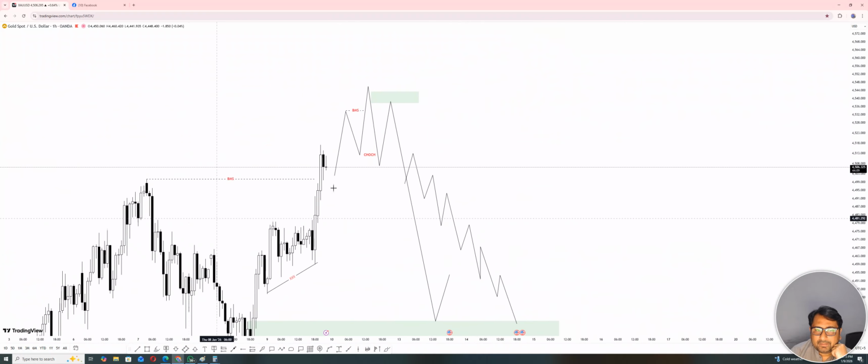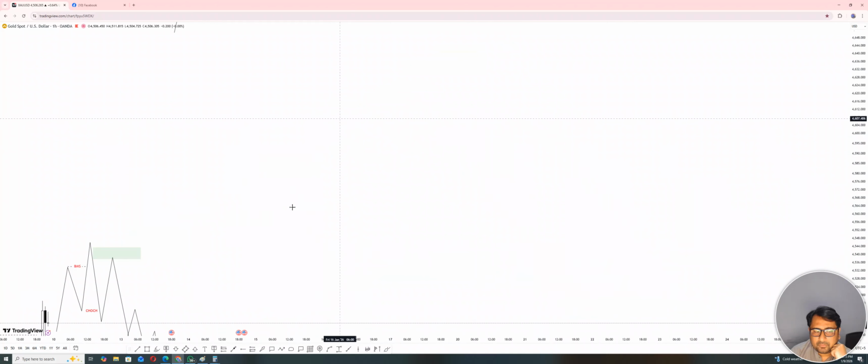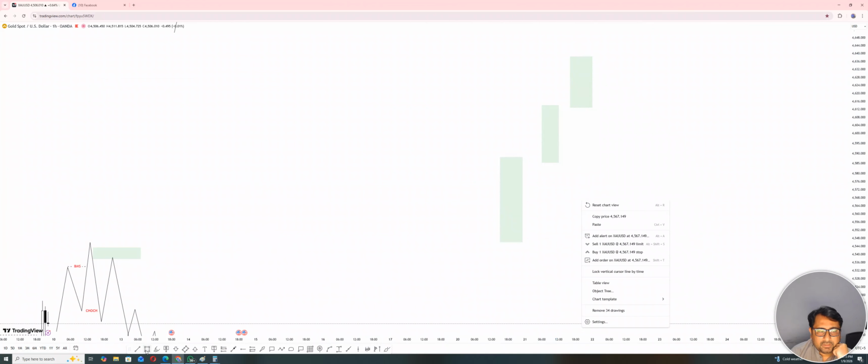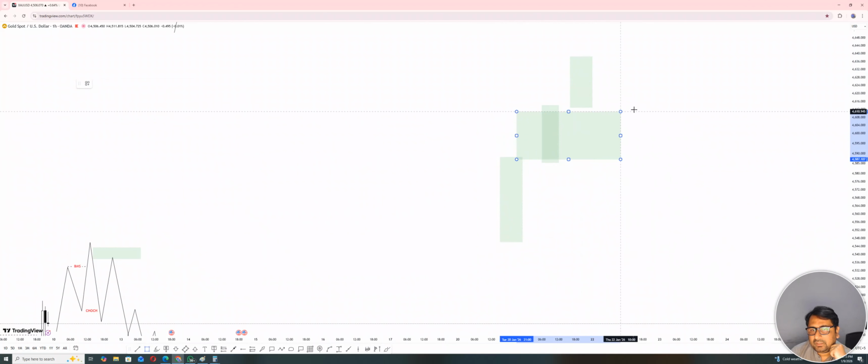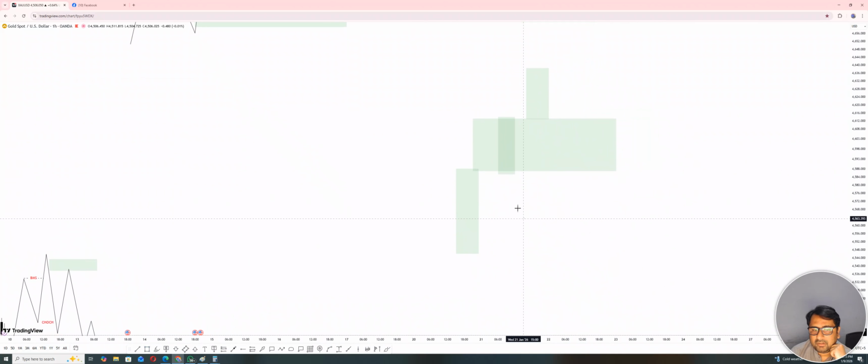The second option is this: you need to go to the weekly time frame and see the weekly FVG. This is your FVG. If you have a weekly time frame FVG, it means you will manage your trade on this.